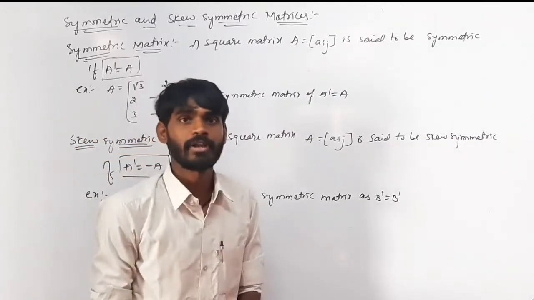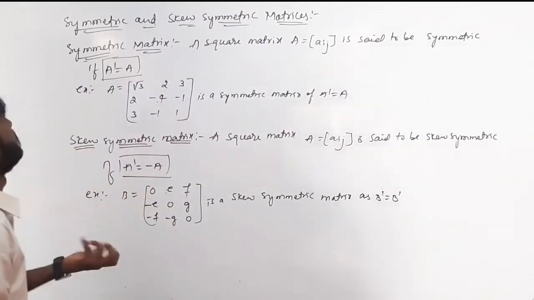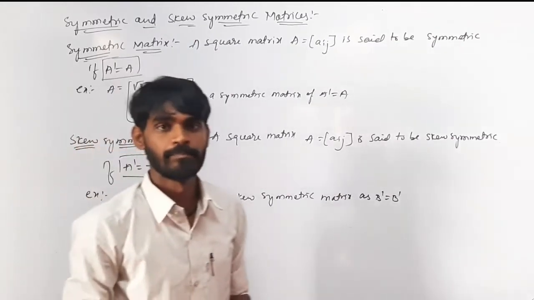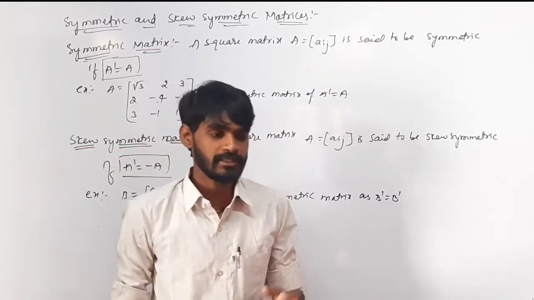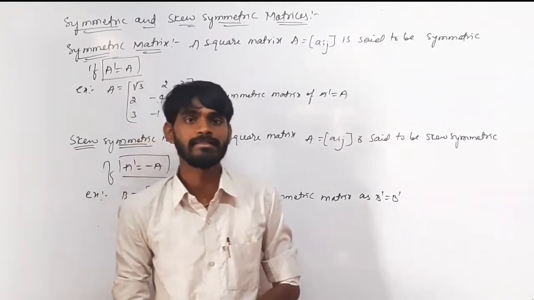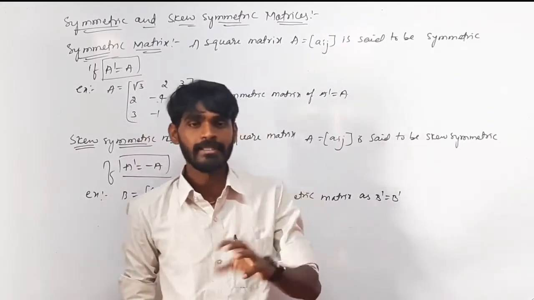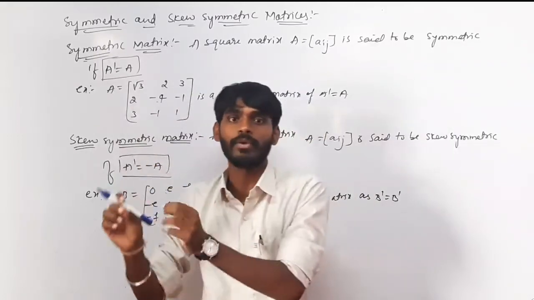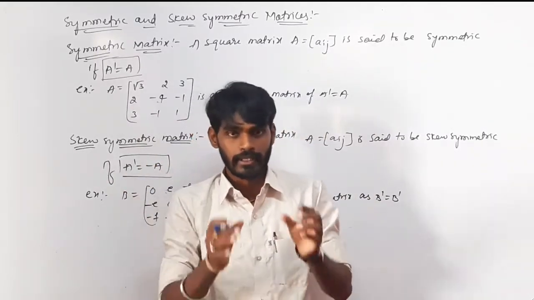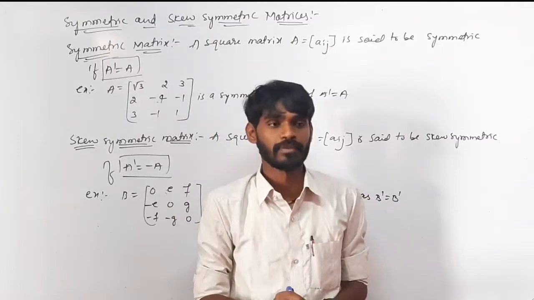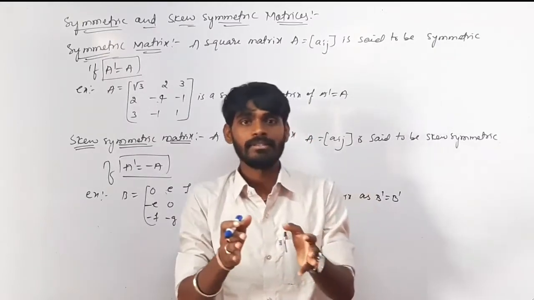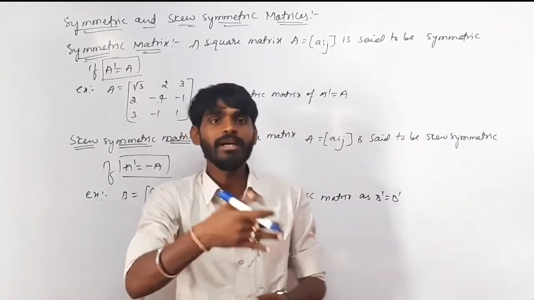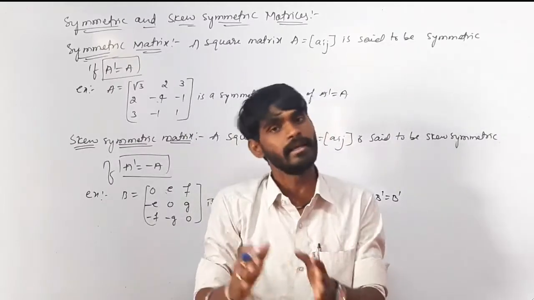Okay students, next we are going to discuss symmetric and skew symmetric matrices. A symmetric matrix: any square matrix A is said to be symmetric if A dash is equal to A. So A is a square matrix, and after applying the transpose of the matrix, we will get A only.